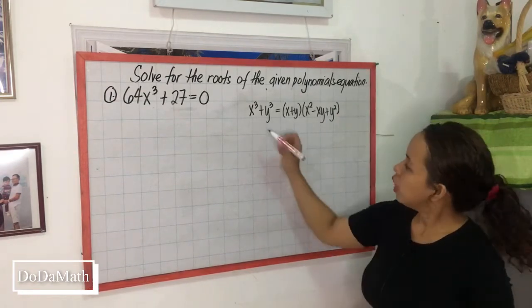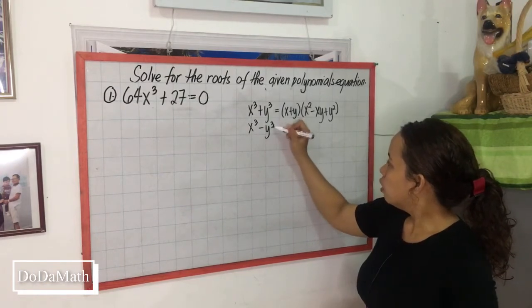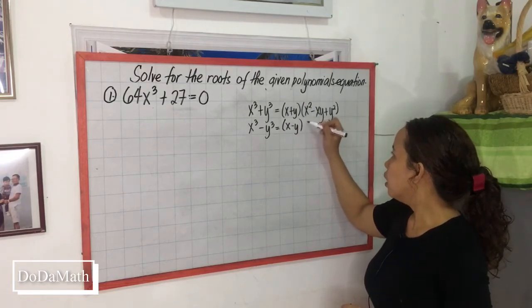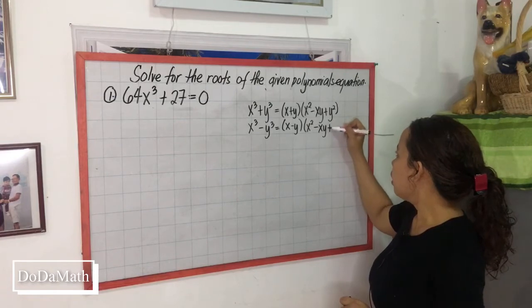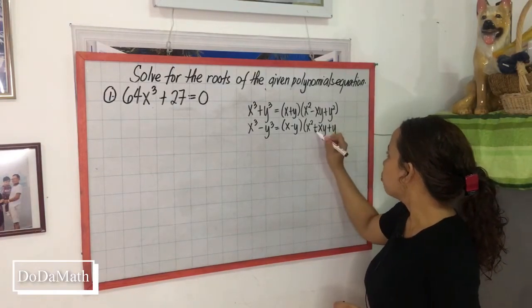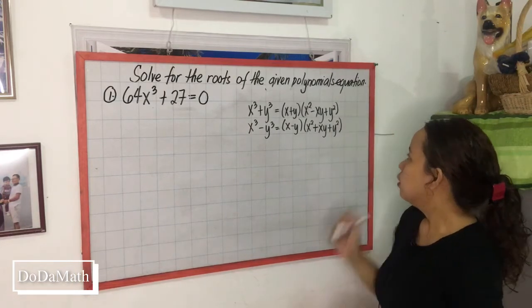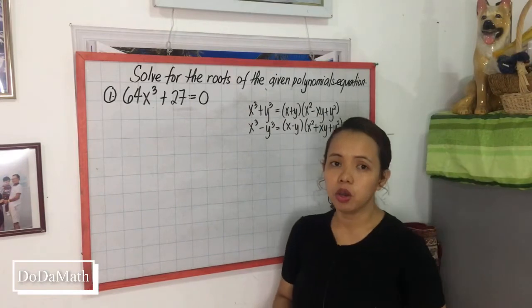Pagka minus naman, so x cubed minus y cubed, ang factors niya ay x minus y and then x squared plus xy plus y squared. This is plus pala, not minus. Okay, so ito yung formula, sum and difference of two cubes.